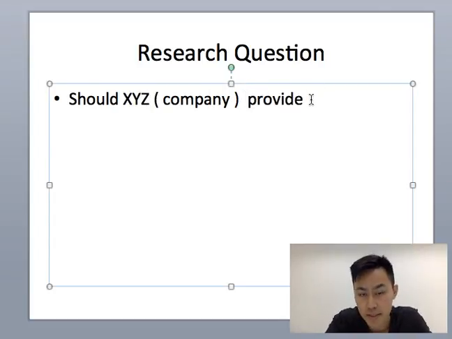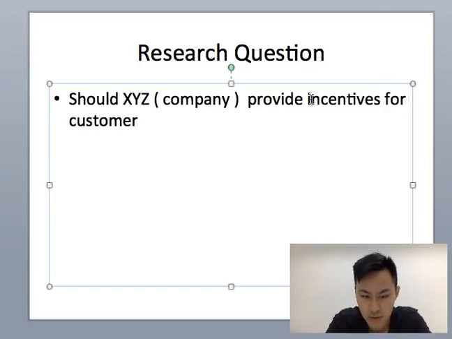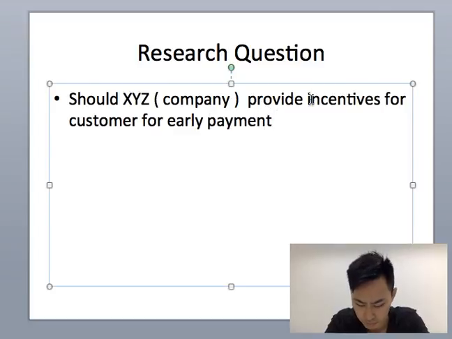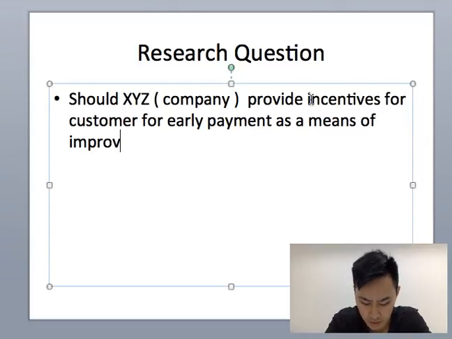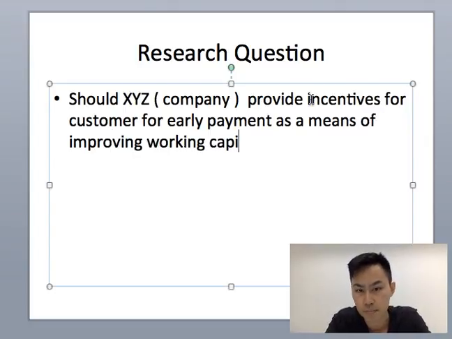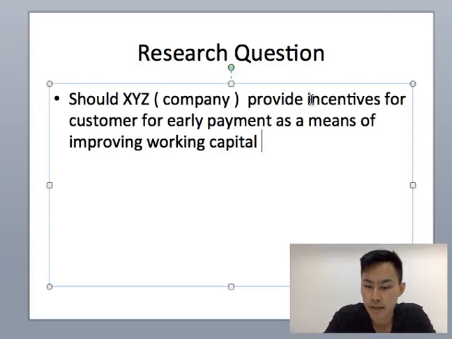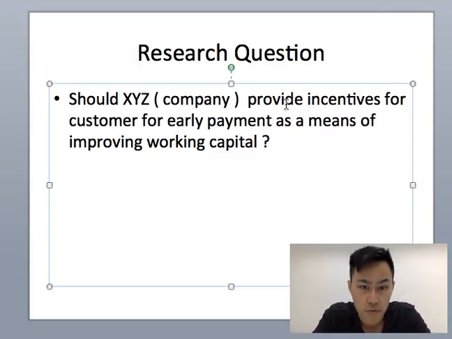For example, if this time the topic I'm going to do is finance: provide incentives for customers for early payment as a means of improving working capital. This is one example of a research question.